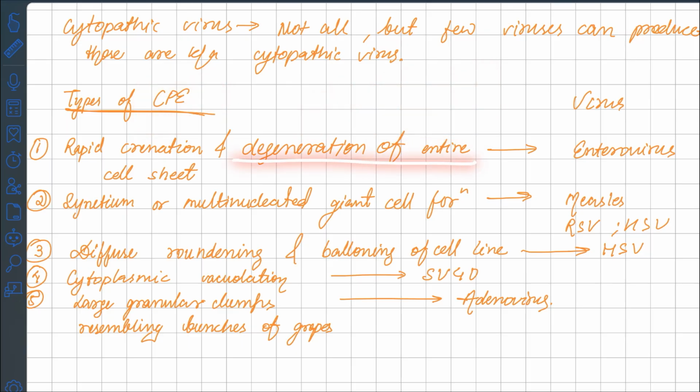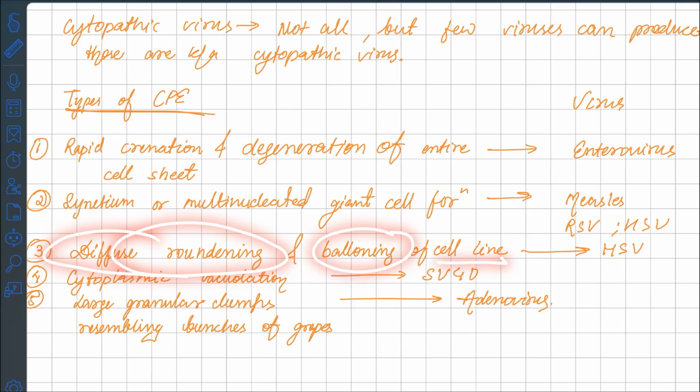So if you see degeneration of the entire sheet in the cell line, you can suspect that the virus is enterovirus. If syncytium or multinucleated giant cell formation is seen, it can be measles, RSV or HSV. If there is diffuse rounding and ballooning of the cell line, you can suspect it to be HSV.